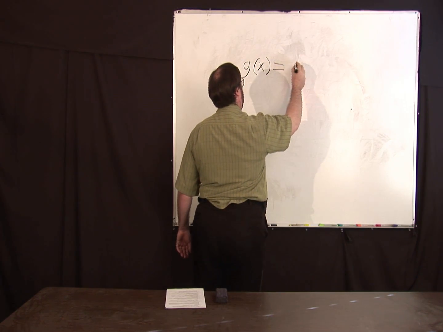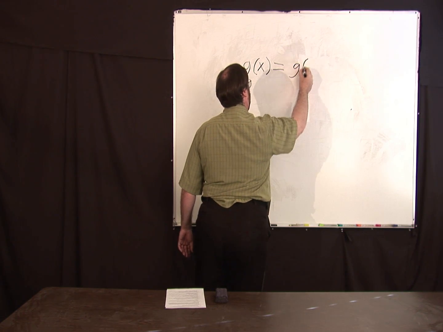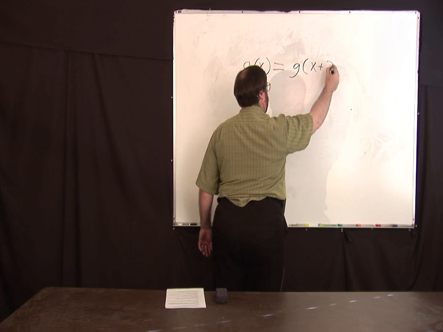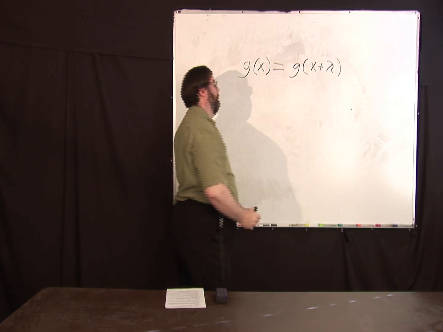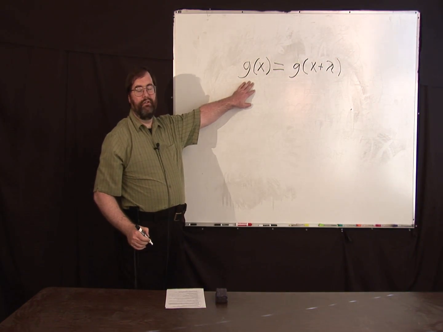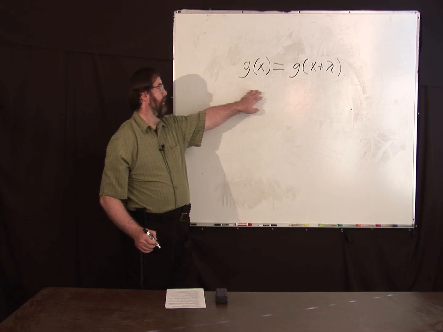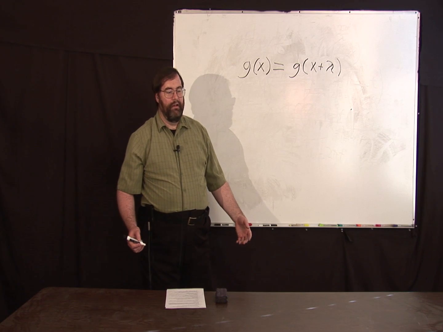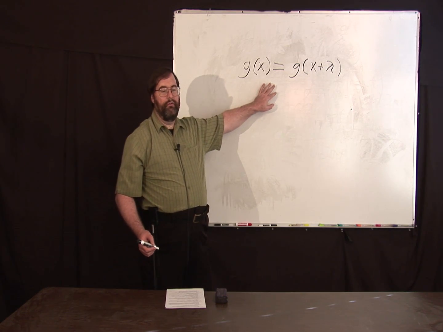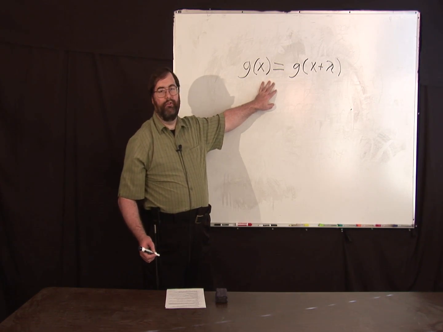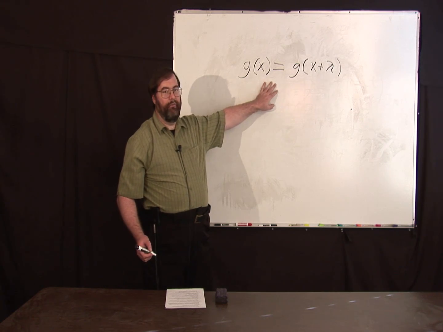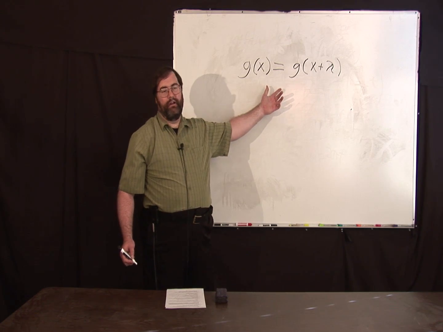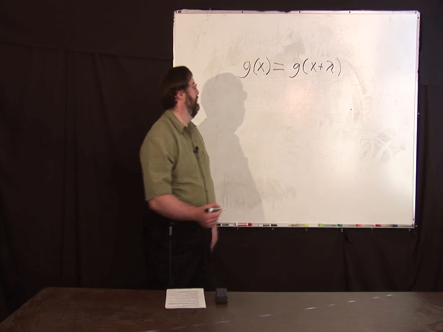It's periodic in space with wavelength lambda, if this relationship holds for all x. Lambda is called the wavelength. There's absolutely no new information here. We just called the variables different things. It's periodic in space instead of periodic in time. We could have used other variables that signified other things and it still would be periodic.